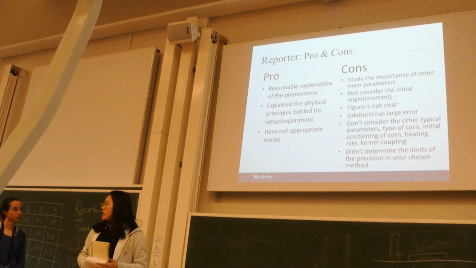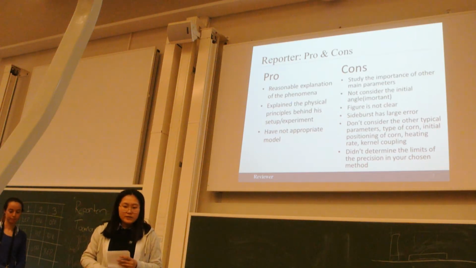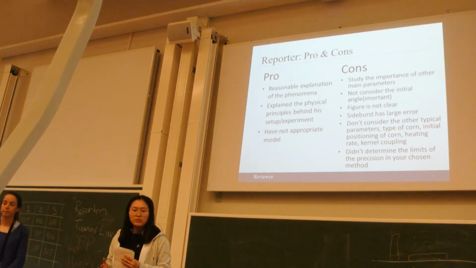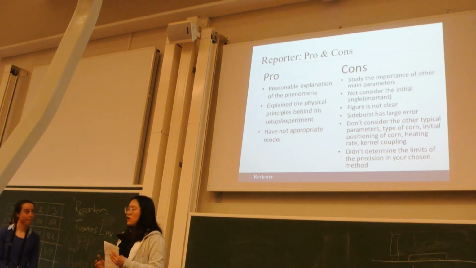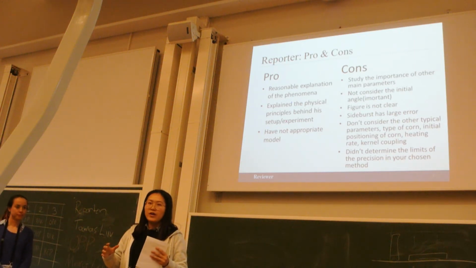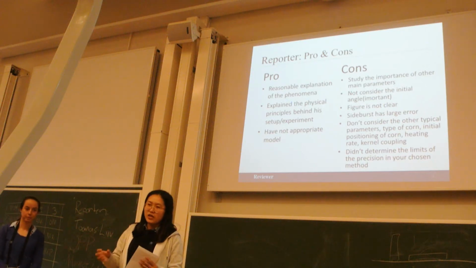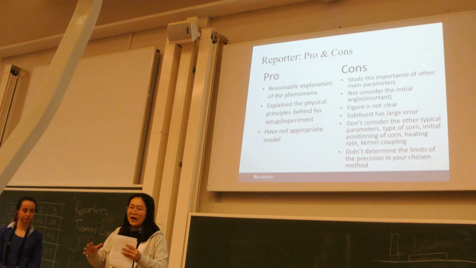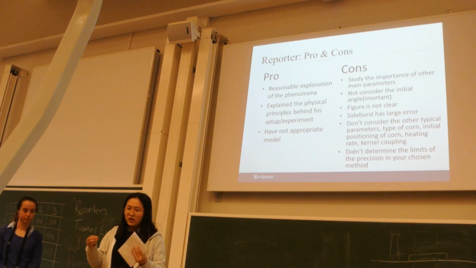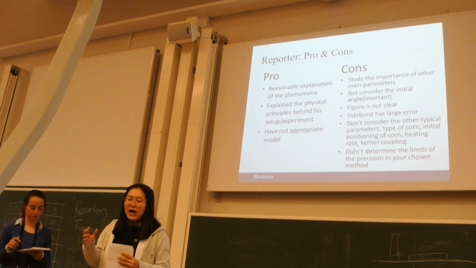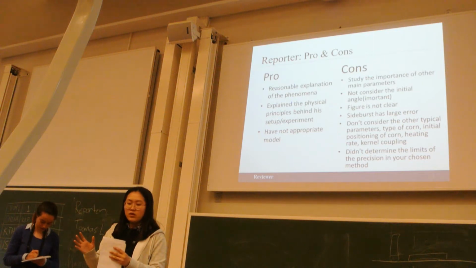The first, the reporter. The reporter gives a reasonable explanation of the phenomenon of the popcorn, and also gives very detailed information about how the popcorn bursts and emits a pop sound. But actually, he has a lot of problems.